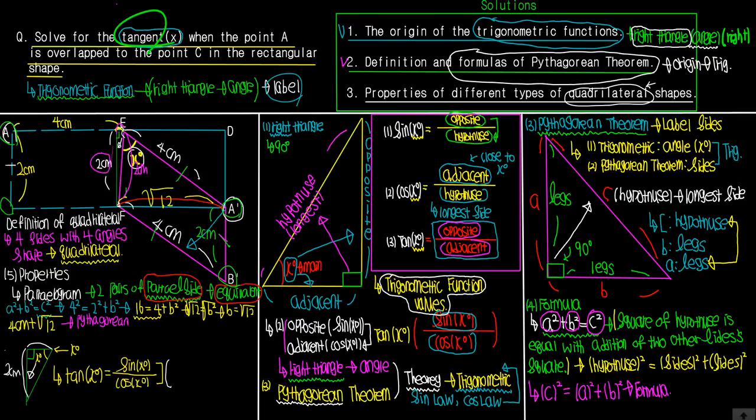And this one right over here will be something. If you do it, you can see that 2 squared is equal to 2 squared plus something, so that something squared is 0. So this one will be 0.